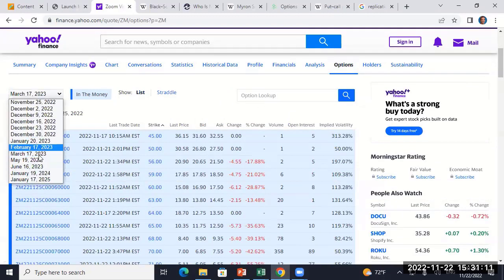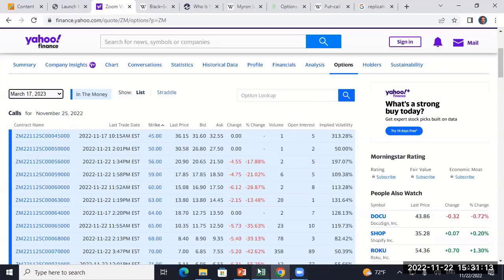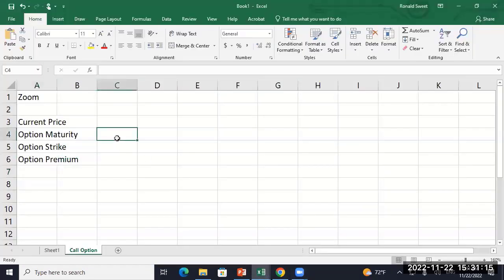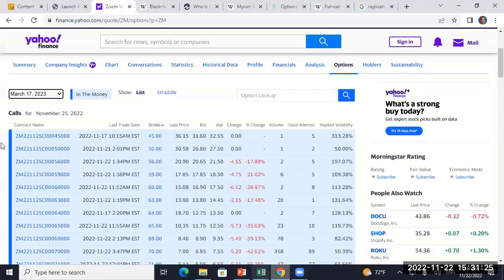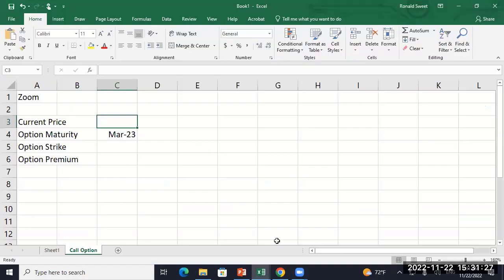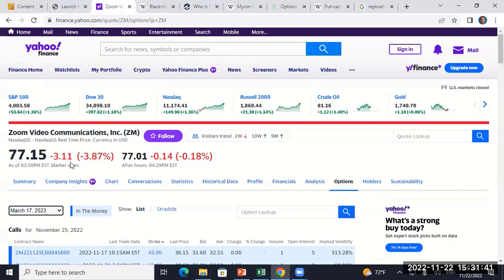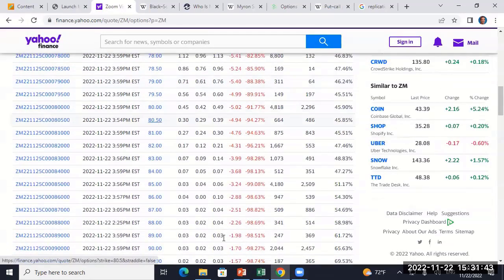We'll go out to March 2023. The current price is 77.15. Let's just say 77 to make it simple for us. All right, so we're going to do a call option. We're going to go out of the money. Let's go with 80 bucks.